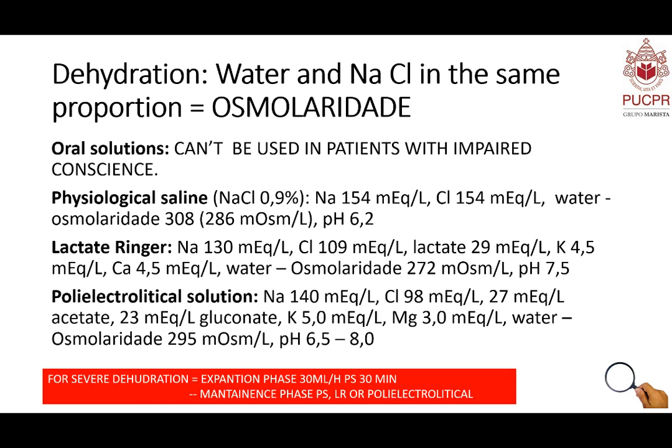So if you work in a place where you are not able to measure magnesium and potassium, and you have a patient that has lost a lot of fluids, like with diarrhea or vomiting, then you could use this kind of solution, imagining that you're giving the patient everything that he lost.